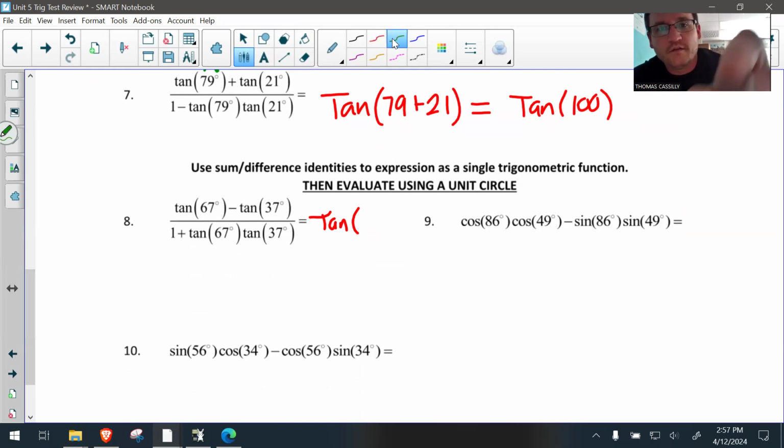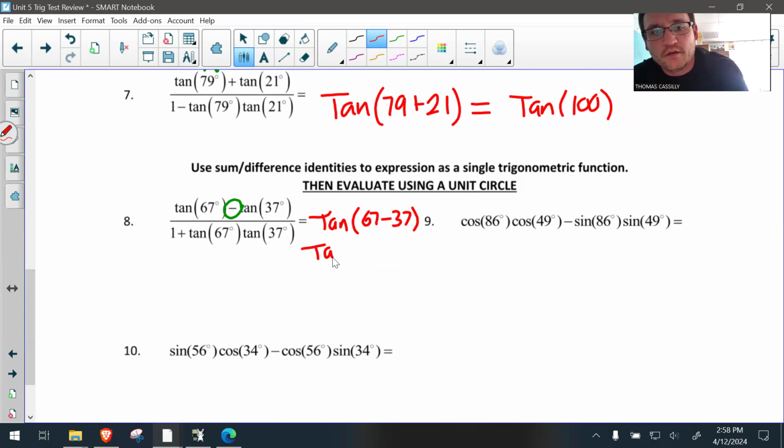So this minus sign right here tells us what the condensed down version is. So this is 67 minus 37. 67 minus 37 is just 30. So this is really just the tangent of 30.